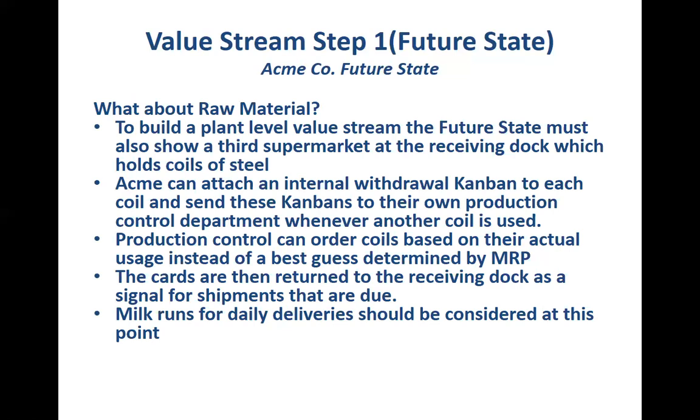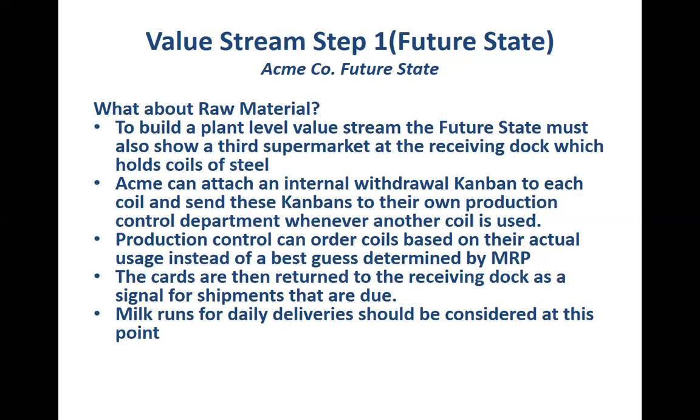So they know that the stamping press has just withdrawn something, and that then goes to the production control department as a production Kanban, which is information that can be transmitted to the supplier, informing them that we now need the next shipment to come to us. So that way, the production control department becomes the place at which these cards will be coming as production Kanbans, and that will then be transferred to the supplier as information.